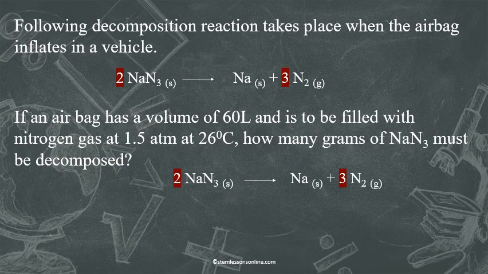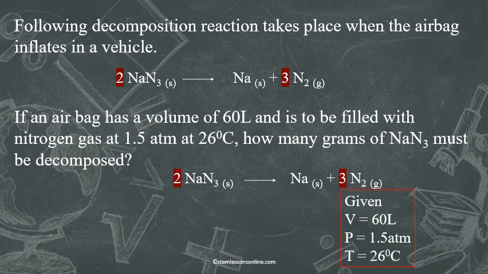They are asking how many grams of NaN3 must be decomposed. Okay. So this is another type of question under gas stoichiometry, following the decomposition reaction when the airbag inflates. So this is another gas law application you can see. So let's see how to do this one.